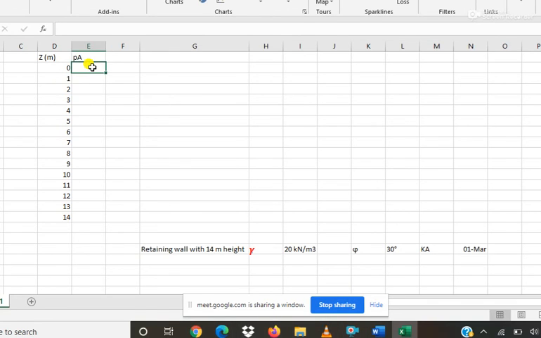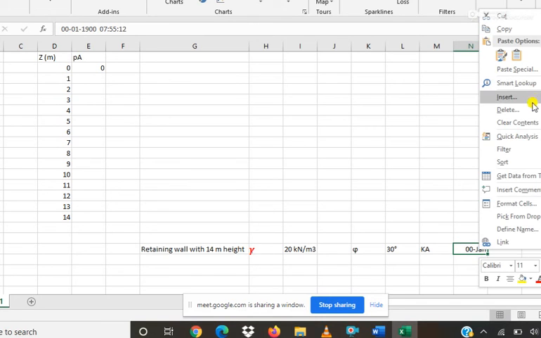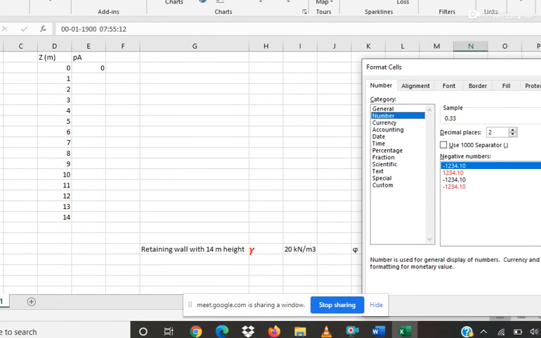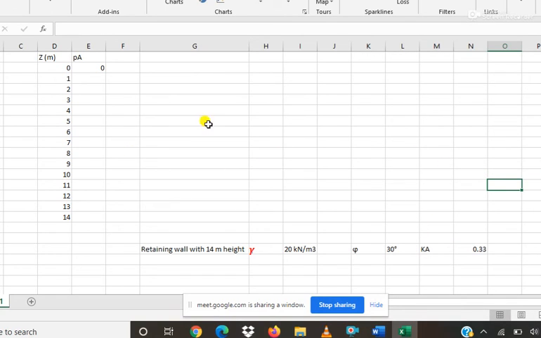And Pa is nothing but Ka multiplied by gamma multiplied by Z.